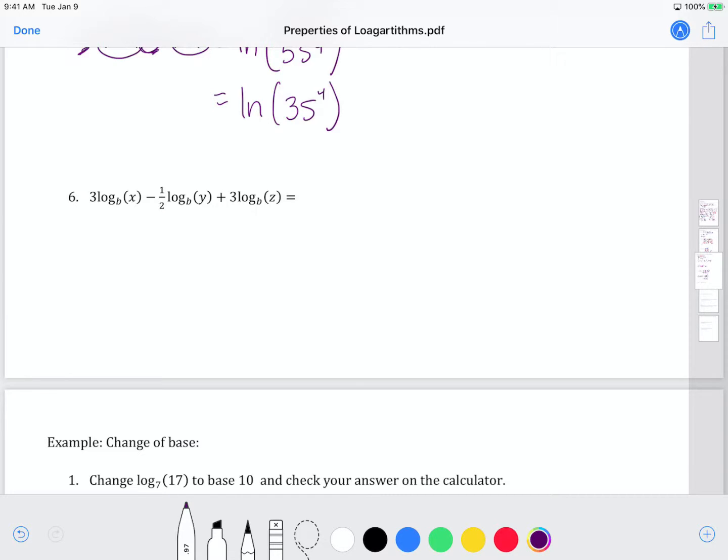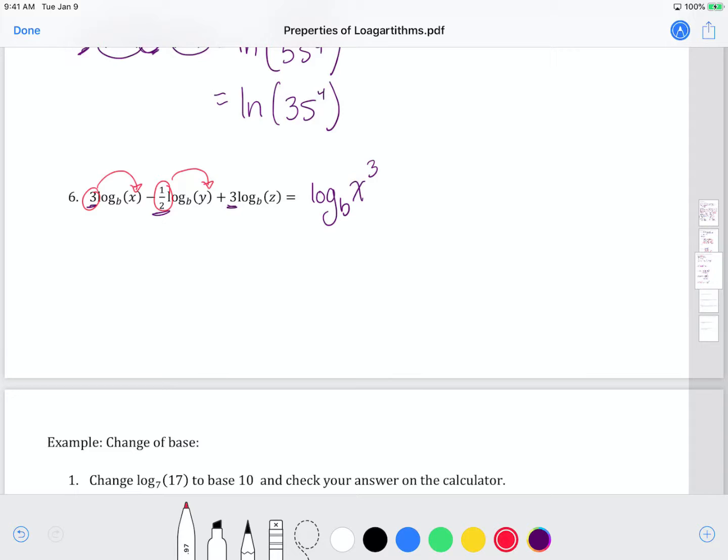Okay, in the last example, I do have exponents that I need to bring up in front. So I have the 3, I have 1/2, and I have a 3. All coefficients that I can bring up as exponents. So the first thing I want to do is rewrite this as log base b x to the 3rd, because I'm taking this 3 and bringing it up as the exponent. Same thing with this 1/2.